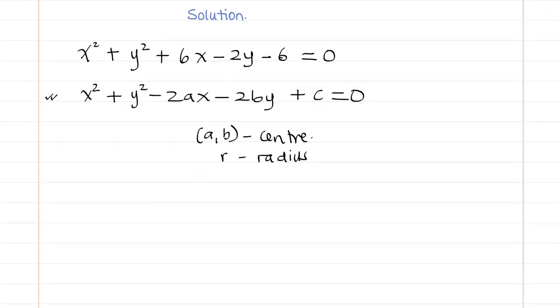From here, let us compare. We have x squared here, it corresponds to x squared, correct? We have y squared, corresponds to y squared. That is a fact. We just confirm that they are the same, because always the coefficients of x squared and y squared are the same. Like in this case, the coefficient is 1, 1.